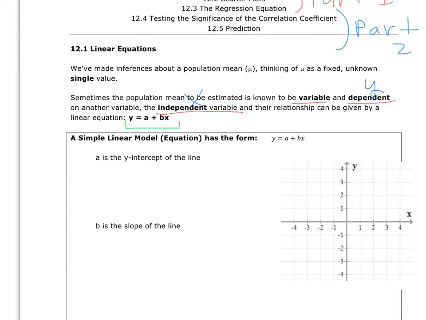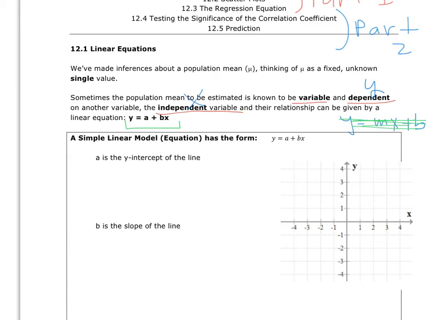Now it's written a little bit differently than what you encounter in your algebra class, where we might typically see it as y equals mx plus b. So we kind of want to set that aside and rewrite it as y equals a, where it's some constant number, plus some value b times the independent variable x.